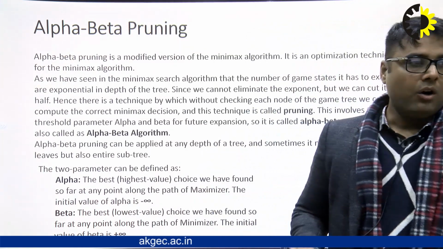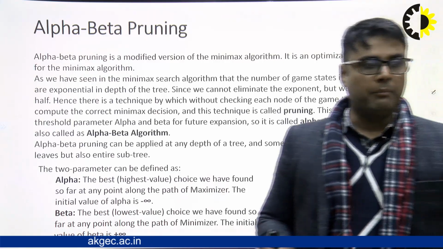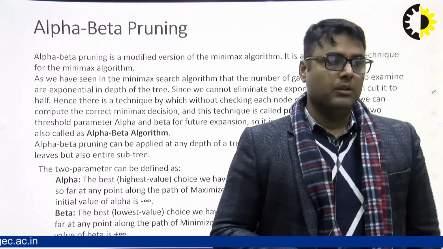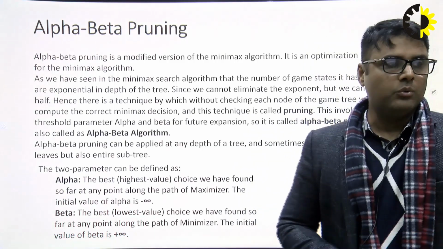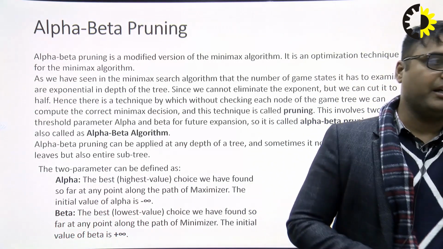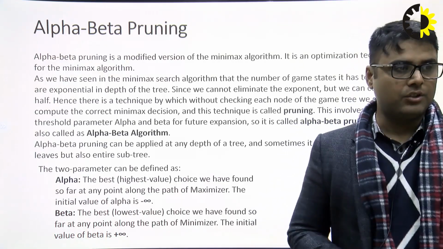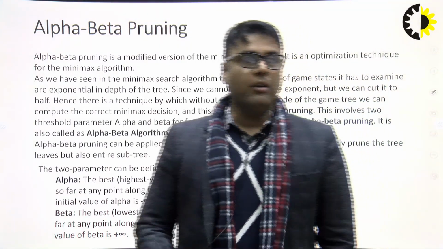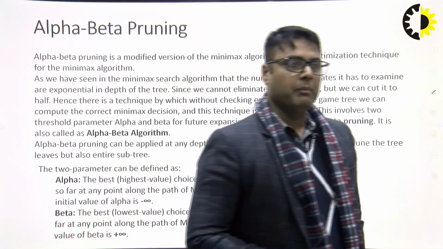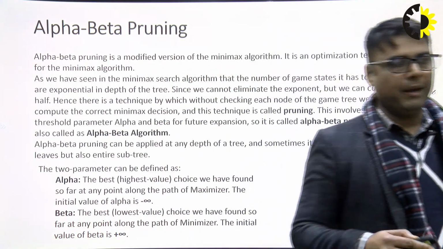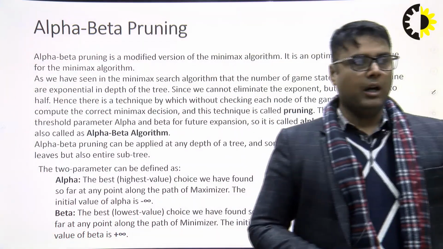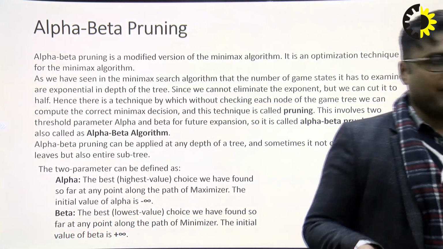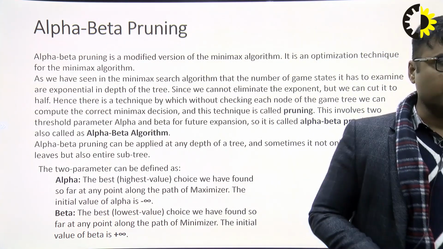Beta is the best lowest value choice found at any point along the path of the minimizer; the initial value of beta is plus infinity. So the overall tree moves on the min max value. Min here is beta and max is alpha. So the min value is plus infinity and the max value is minus infinity.